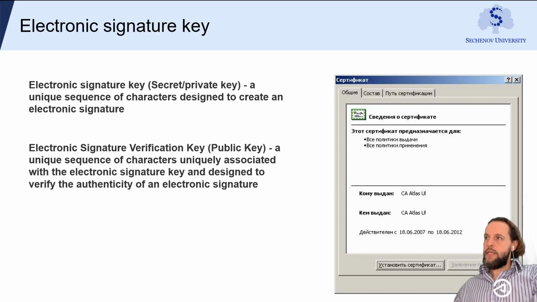An electronic signature key is a unique sequence of characters designed to create an electronic signature. And an electronic signature verification key, or public key, is a unique sequence of characters uniquely associated with the electronic signature key and designed to verify the authenticity of the electronic signature.